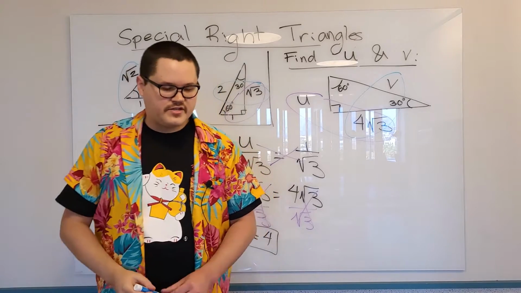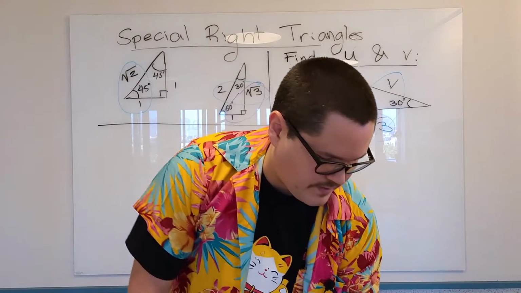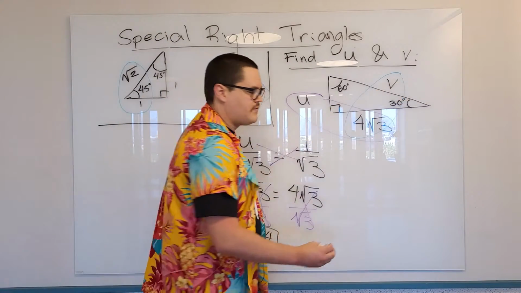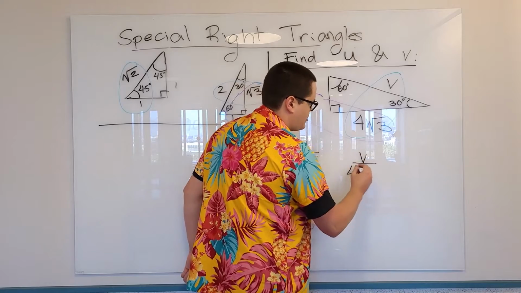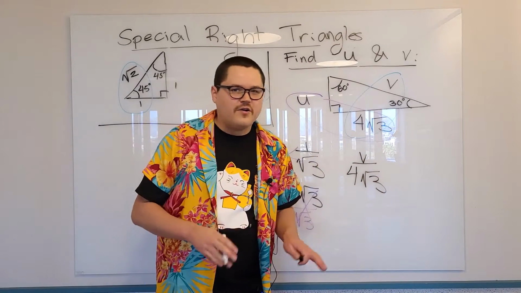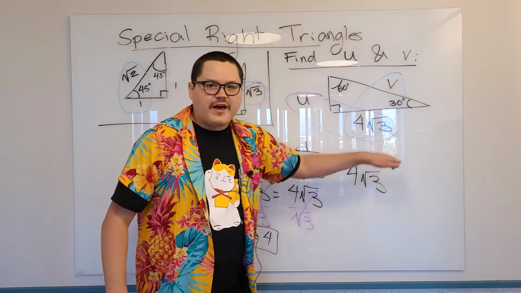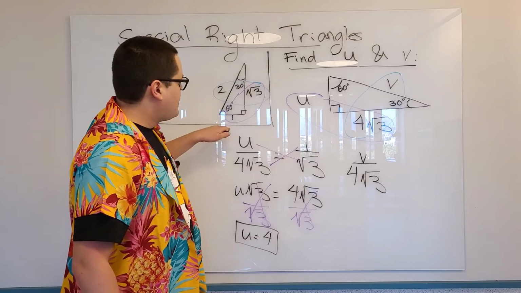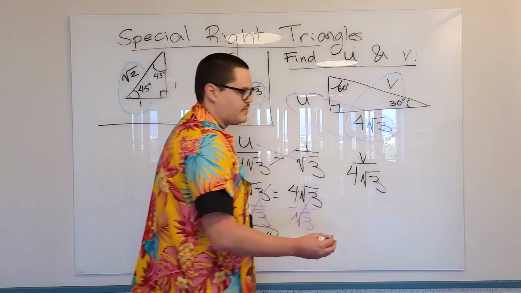Now we set up the equation. So long to medium, v to 4 root 3. Remember, every time I say the word to, T-O, not T-W-O, I draw a fraction bar. So v to 4 root 3 equals long to medium, 2 to root 3.